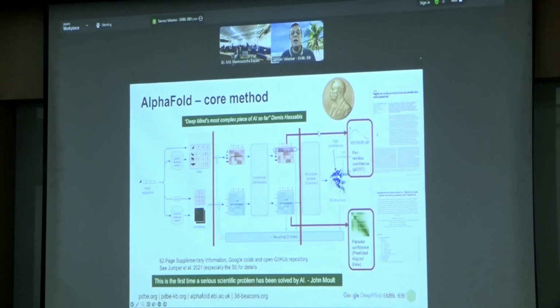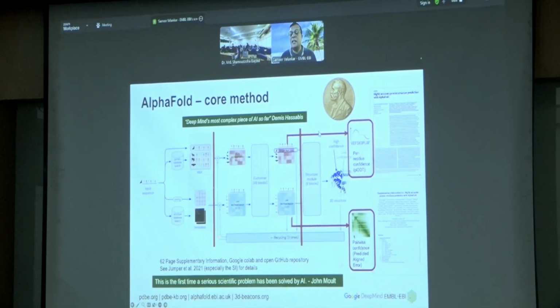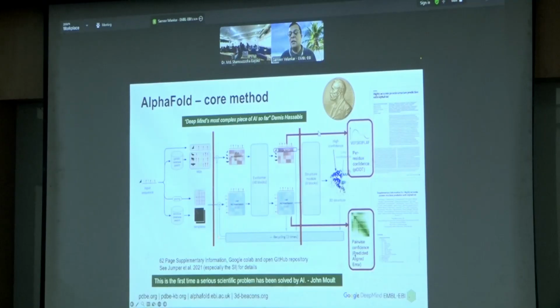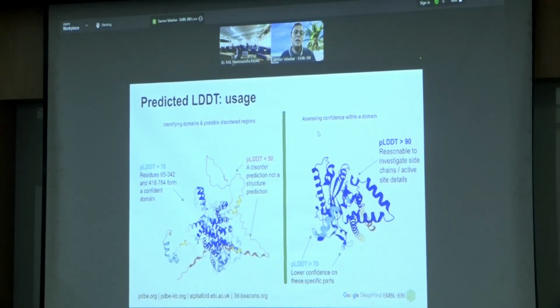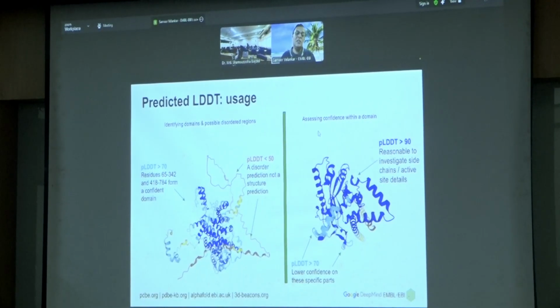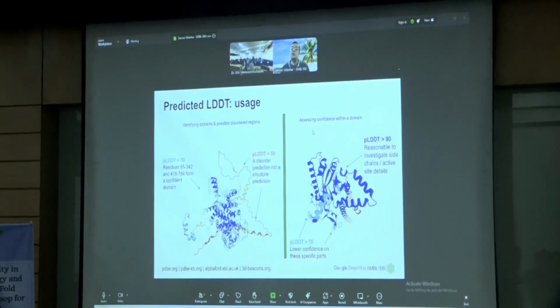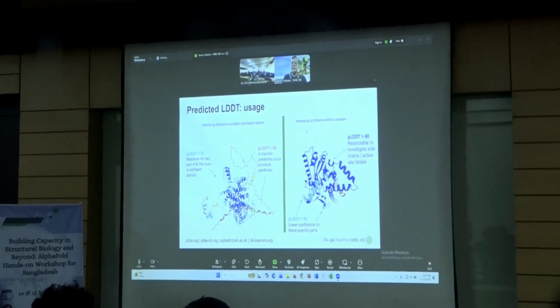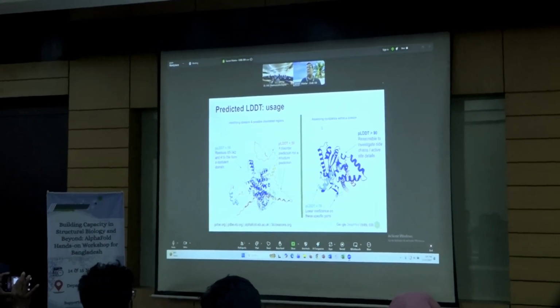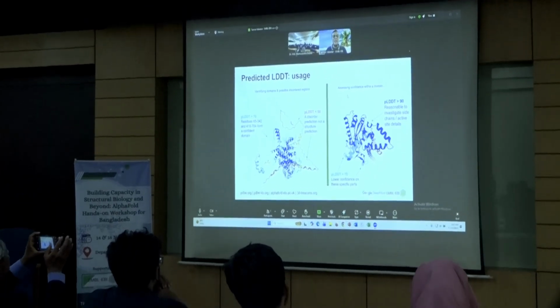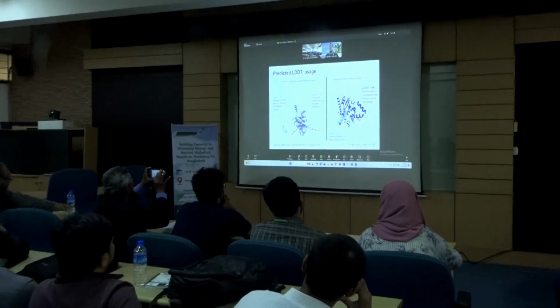But what I want to explain a little bit is the metrics that it provides, both the pLDDT and the PAE. Why we need this is because when we have a prediction, we want to know the confidence of the AI method itself in a given prediction.